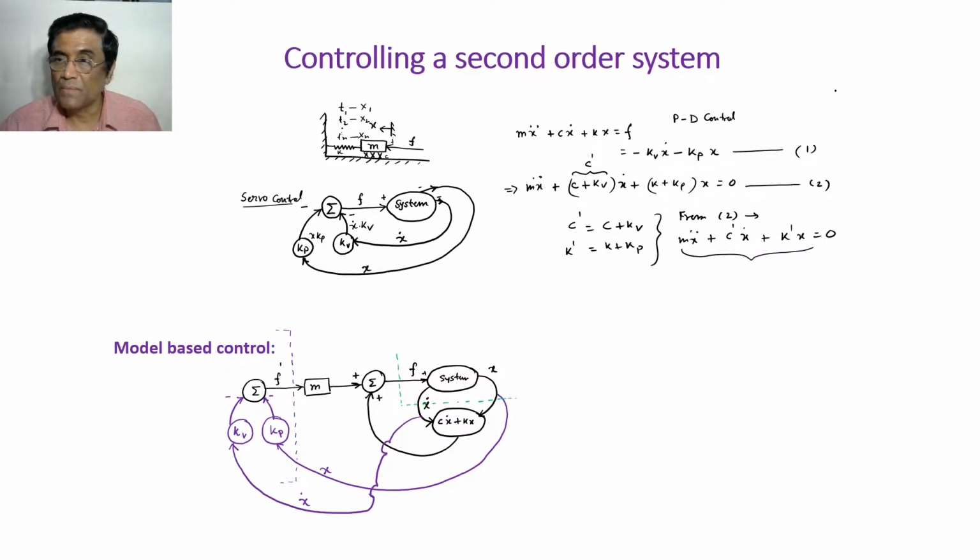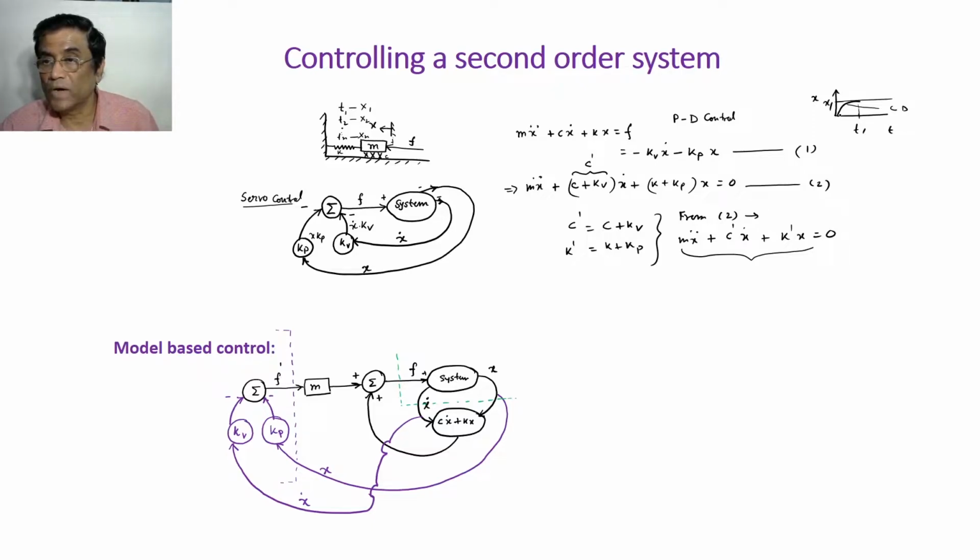Because this is t and this is x. The moment I am asking at t1, move to x1, it's just like a step. At t1, move to x1. So it can start from 0, and exactly at t1 it should be there. This can be achieved through a critically damped controller.